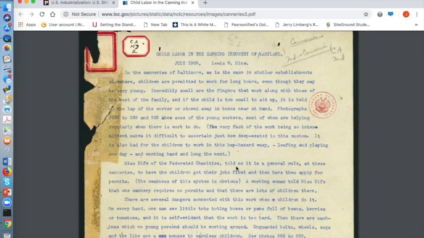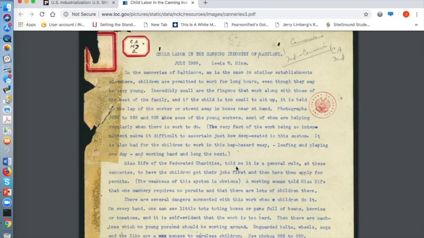This document also discusses how these companies would charge enormous prices in their company stores. The way it worked, some factories would have living quarters and shopping areas for their workers.